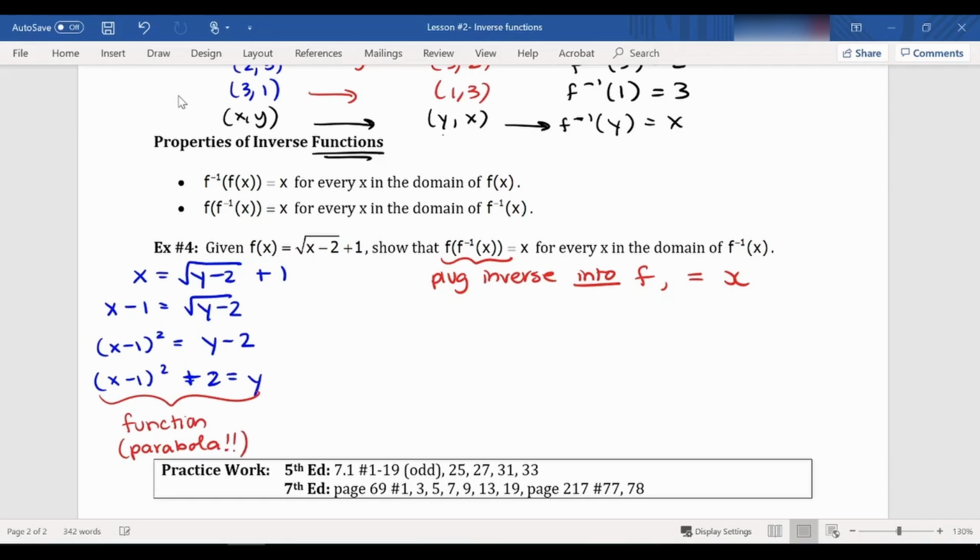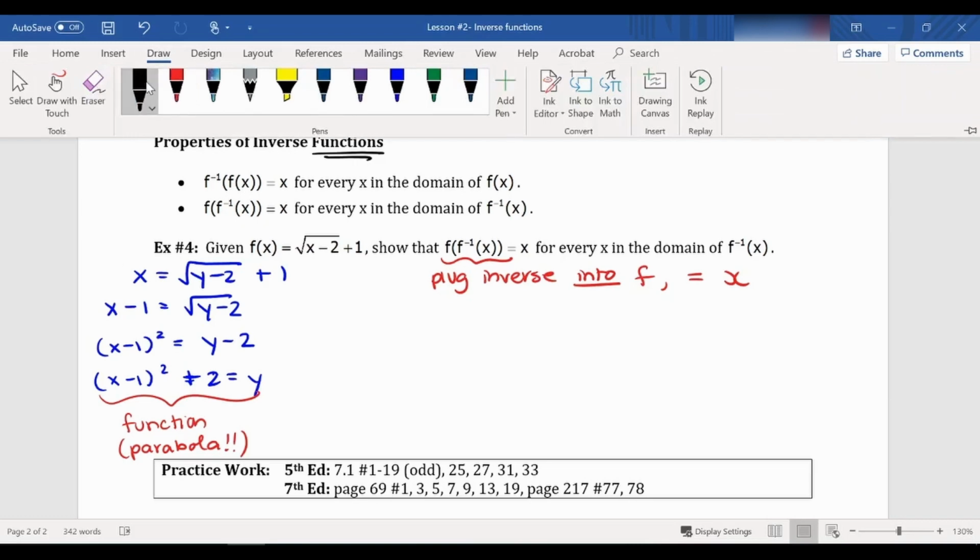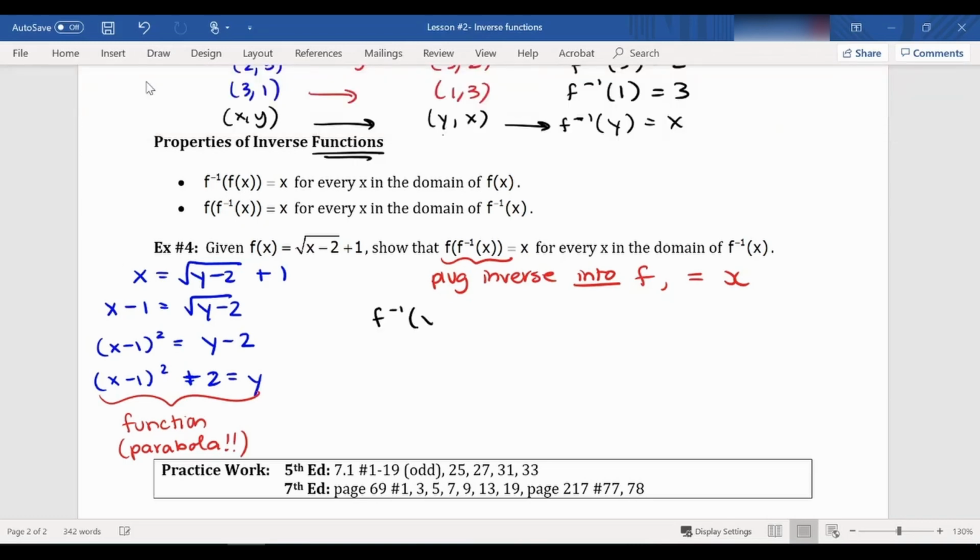For every input, we only have one matching output. Any x value we put in will only result in one y value. So this is a function, which means that our inverse function, in proper notation, is x minus 1 squared plus 2.